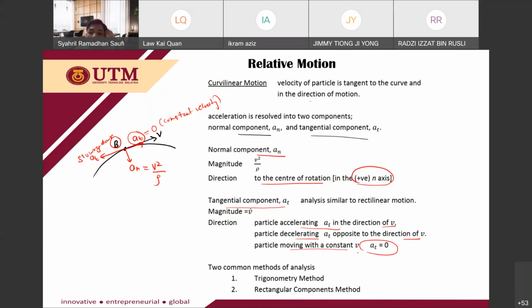For this acceleration analysis, you have two common methods, either trigonometry or rectangular components. Usually for acceleration, we mostly use rectangular components, because in acceleration you usually have more than three vectors, so it's preferred to use the rectangular component method.